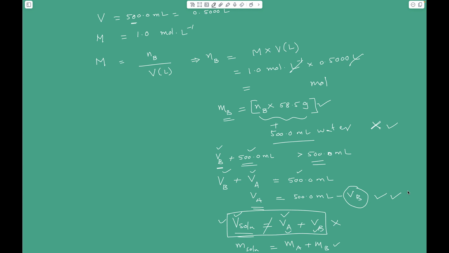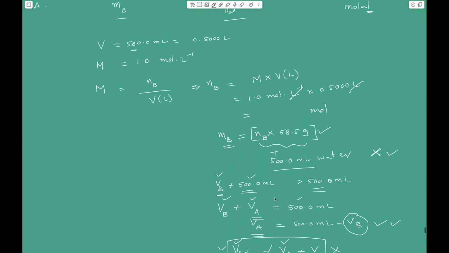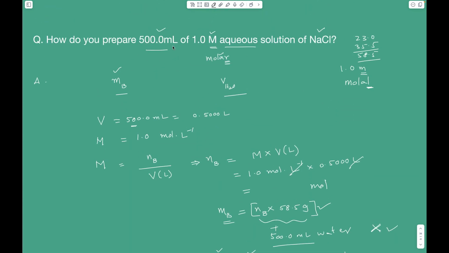So what I am saying is, sitting at my desk, I cannot calculate the volume of water required to prepare 500 milliliters of this solution with this concentration. Then what is the correct statement?